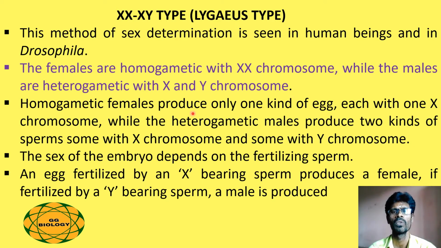Homogametic females produce only one kind of egg, each with one X chromosome, whereas heterogametic males produce two kinds of sperms, namely with the X chromosome and with the Y chromosome. The sex of the embryo depends on fertilization. An egg fertilized by an X-bearing sperm produces a female child, and if fertilized by a Y-bearing sperm, it produces a male child.